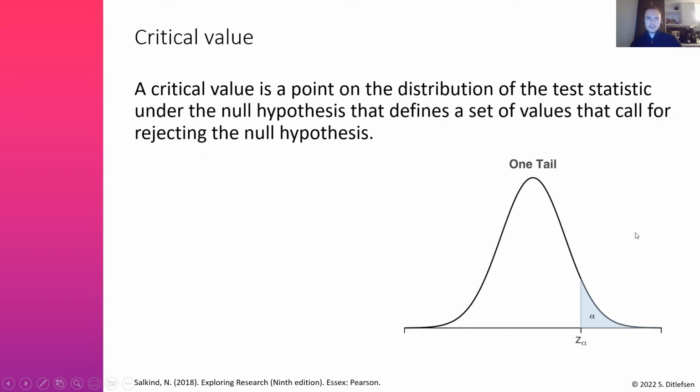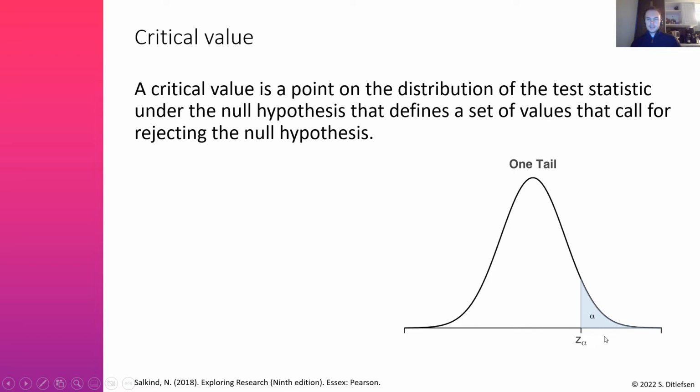So a critical value is a point on the distribution of the test statistic under the null hypothesis that defines a set of values that call for rejecting the null hypothesis. So we have data here. Most of the data is in the middle. Some of the data will be over, and this is called alpha. And our critical value is the point on the distribution, the distribution of the test statistic under the null hypothesis.